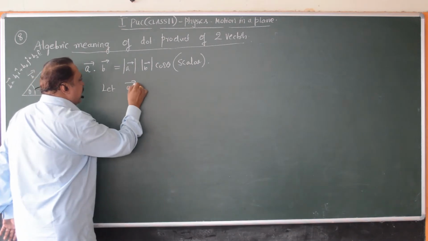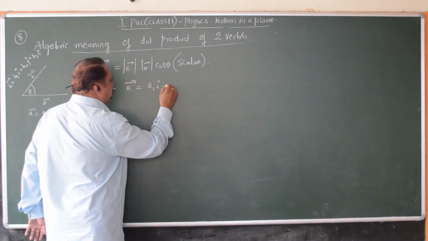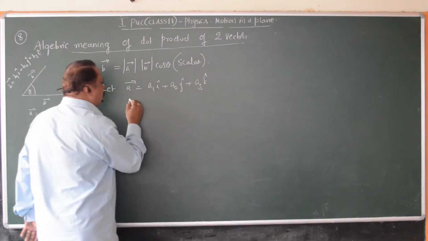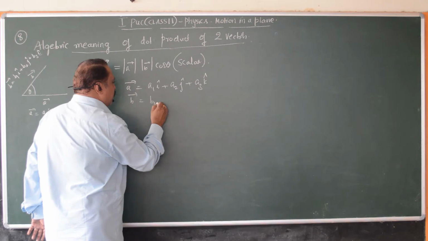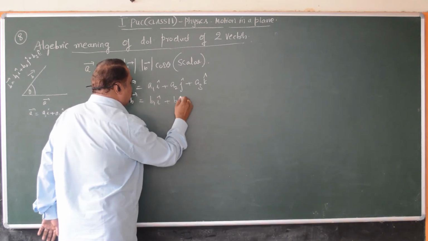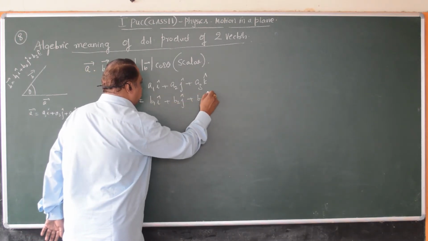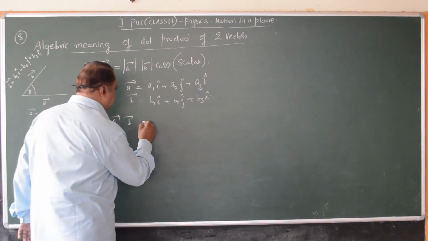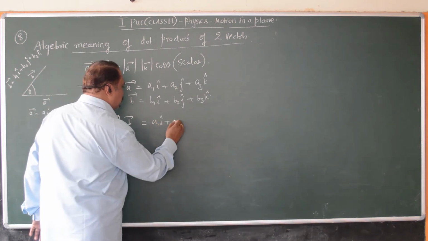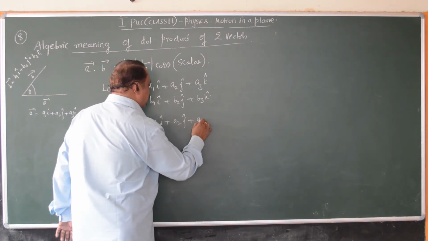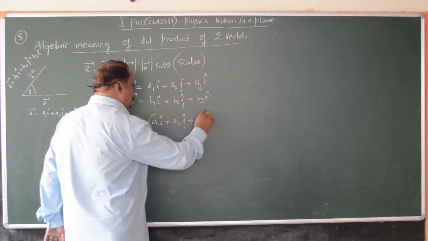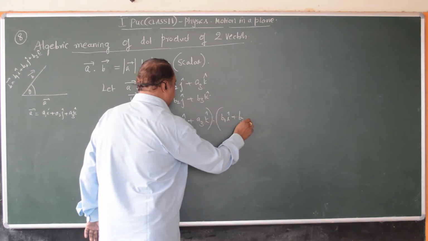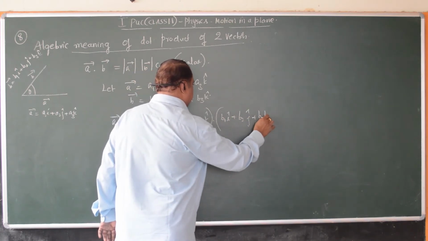Let vector A equal A1 i cap plus A2 j cap plus A3 k cap, and vector B equal B1 i cap plus B2 j cap plus B3 k cap. Then vector A dot vector B is (A1 i cap plus A2 j cap plus A3 k cap) dot (B1 i cap plus B2 j cap plus B3 k cap).